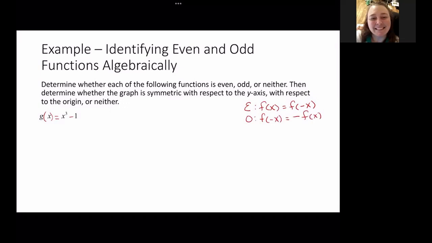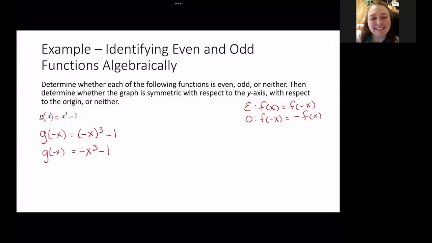So let's do the same thing again. Let's put that minus x into g of x. So g of negative x is going to be equal to negative x to the third minus 1. Now, a negative to the third is going to be a negative number. So that's going to be a negative x to the third minus 1.